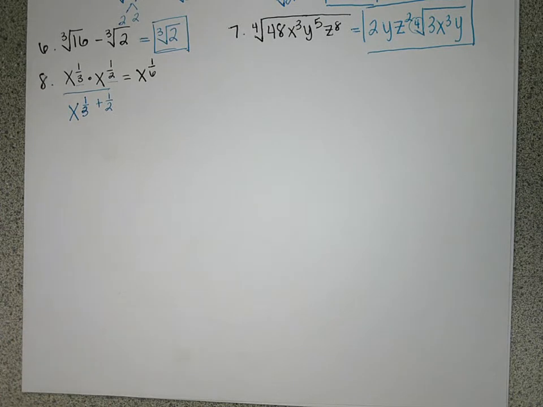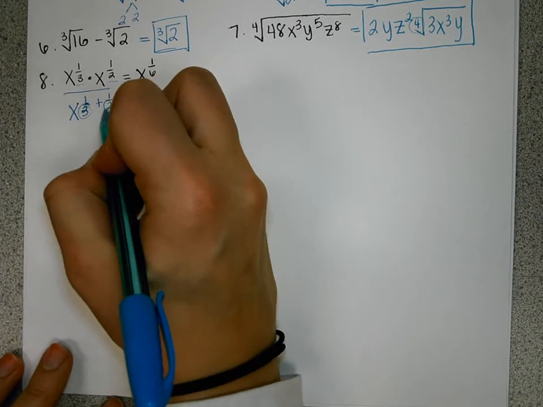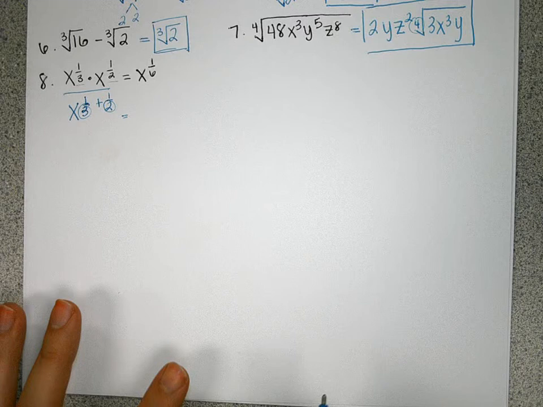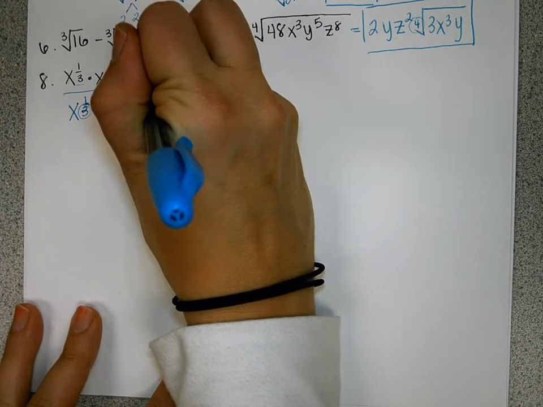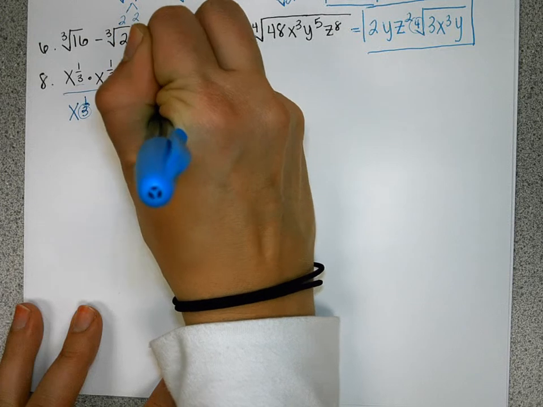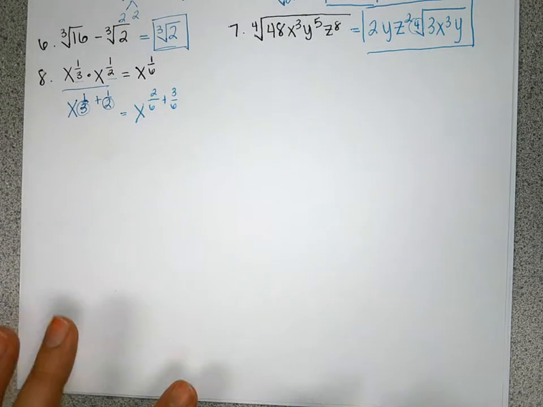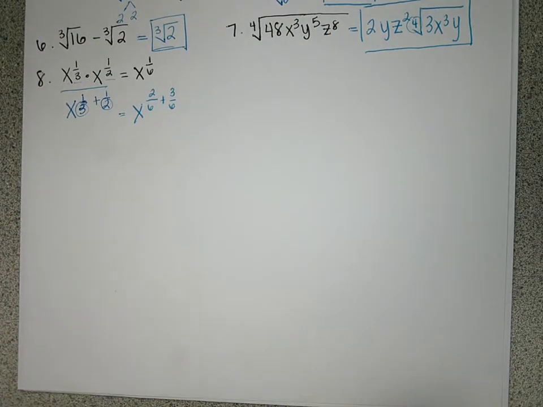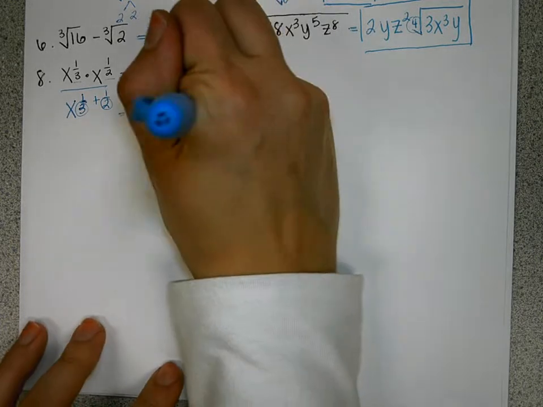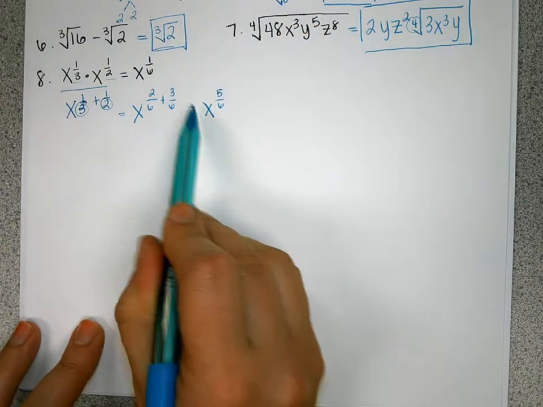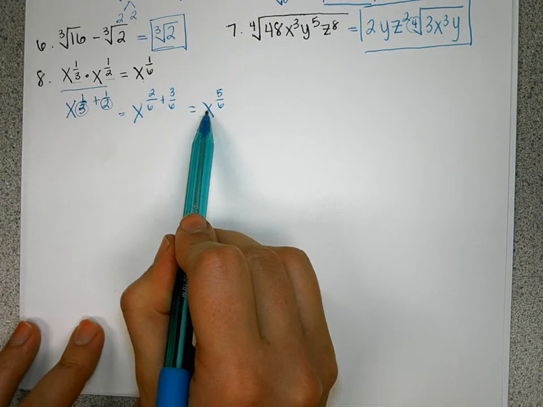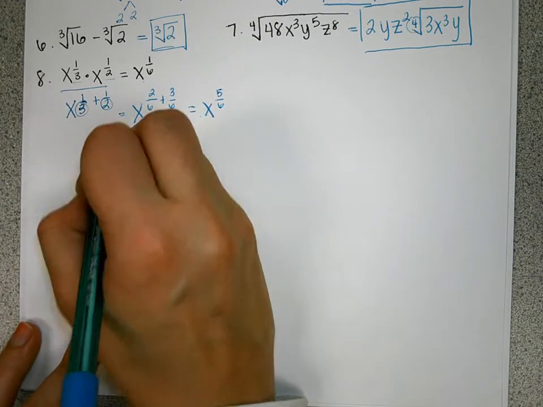But I can't add them yet because I don't have what? A common denominator. What would the common denominator be? 6. So that's going to be x to the 2/6 plus 3/6 after you get common denominators. You can do that work yourselves. So that's going to give me x to the 5/6. Is that the same thing? So is this true or false? False.